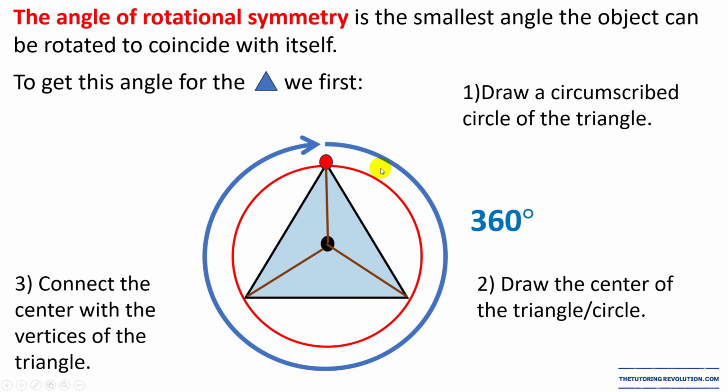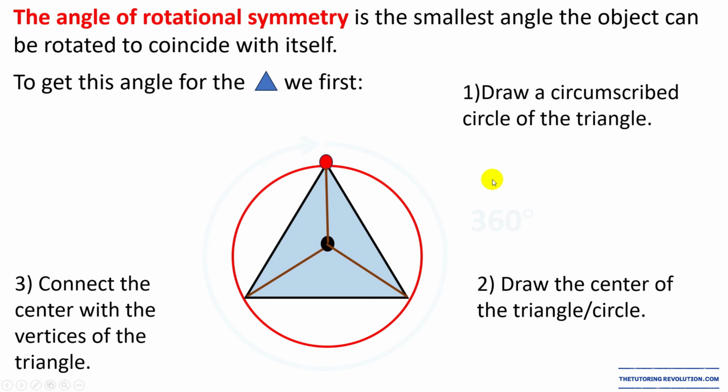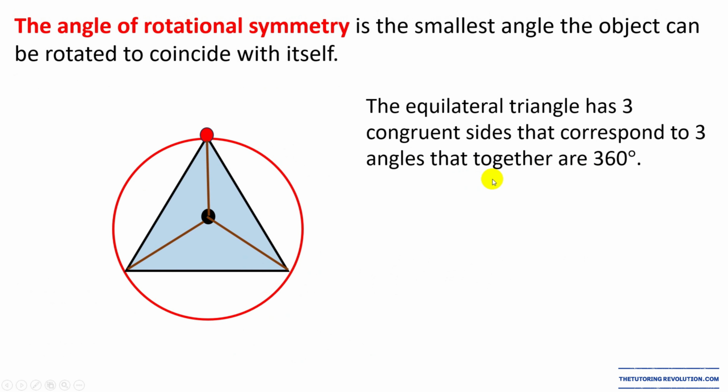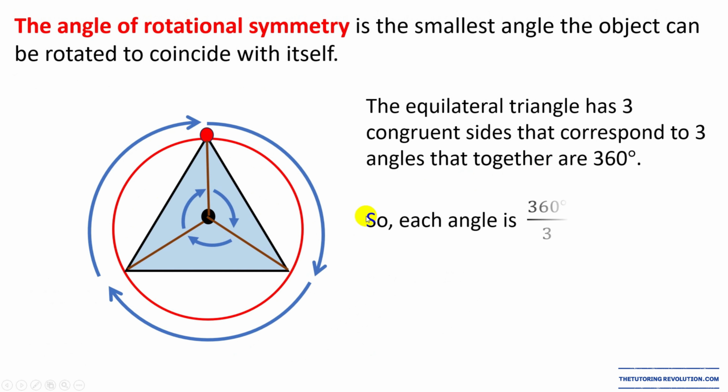Now we know the whole circumference is 360 degrees. Since we're dividing that 360 degrees into 3 equal parts, 1, 2, 3, each angle is going to be 360 divided by 3, which is 120 degrees.